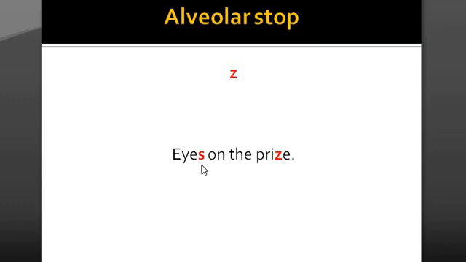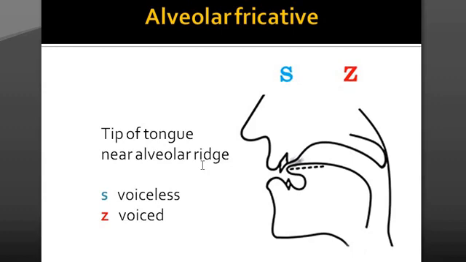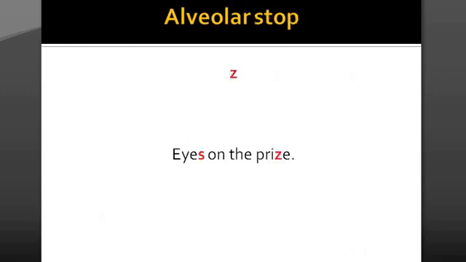So again, we want the tip of the tongue near the alveolar ridge, the same way we pronounce S. So, say it with me. We're going to say S and Z. We do the same thing with our tongue, but when we say Z, we add the vibration. Okay, so you can put your hand on your larynx. Deep breath.